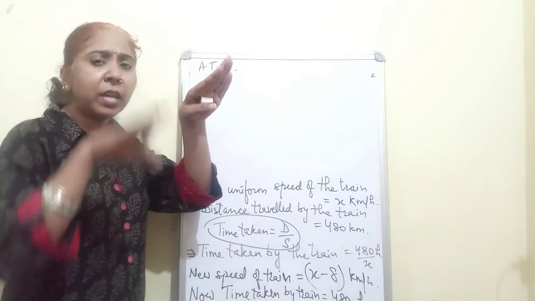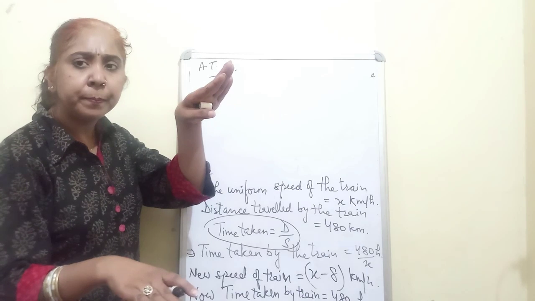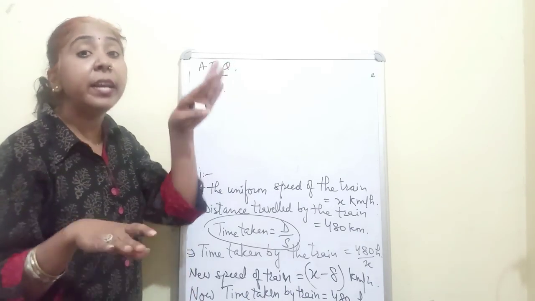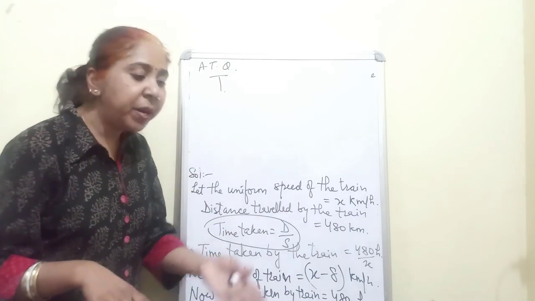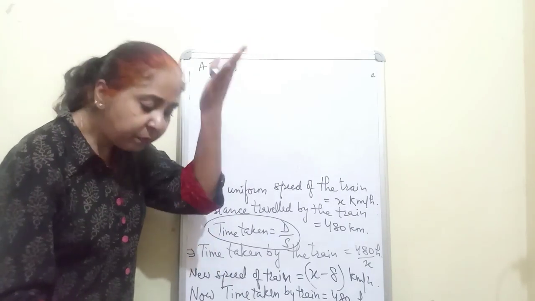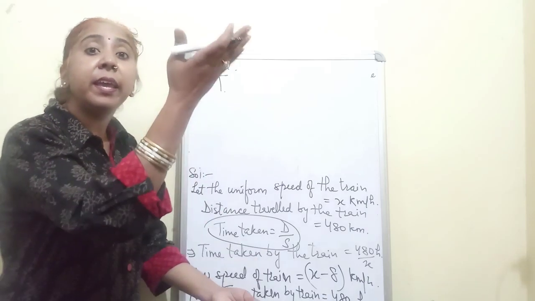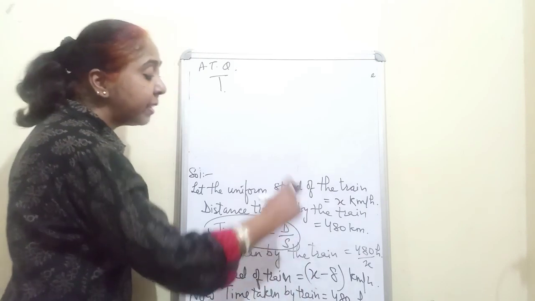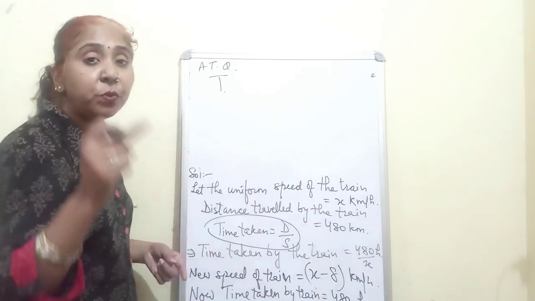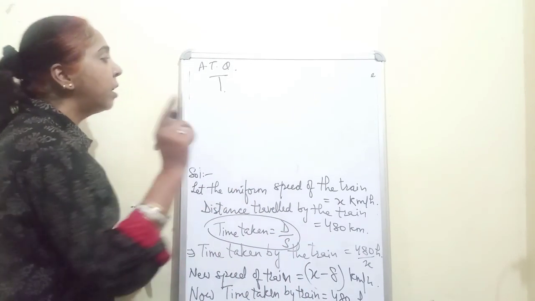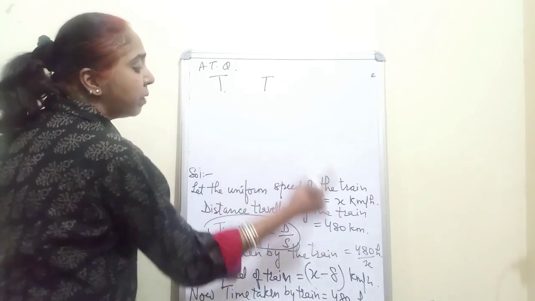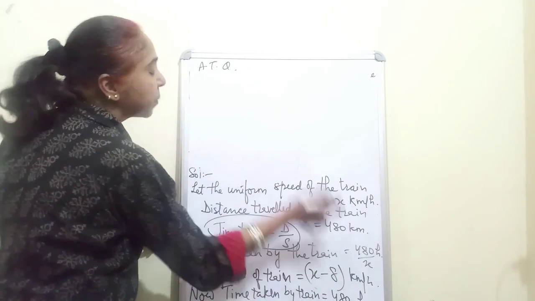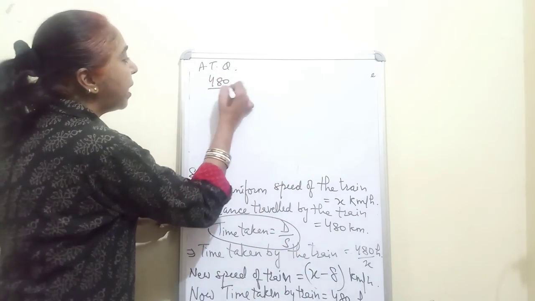If the speed increases, will the time increase or decrease? Decrease. They are inversely proportional to each other. If speed increases, time decreases. If speed decreases, time will increase. So if the speed is decreased by 8 km per hour, then the time will be increased by 3 hours, as given in the question. Now the original time is 480 by x.